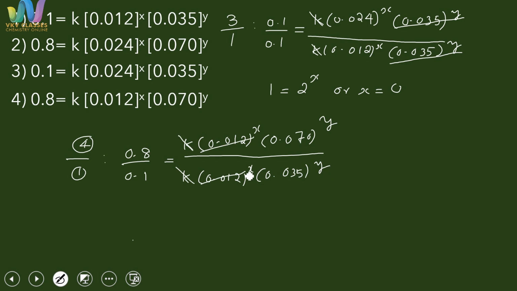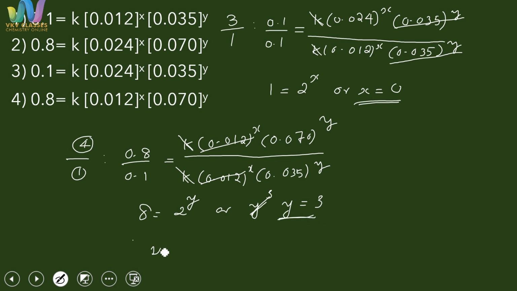This also will get cancelled. So 8 is equal to 2 power Y, or Y is equal to 3. So we are getting the value of X as 0, Y as 3.